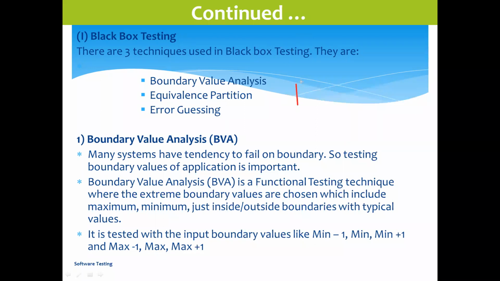It can take from 8 characters up to 40 in this text box. So how can we do boundary value analysis, equivalence partition, and error guessing? Boundary value analysis means the boundary part needs to be checked.